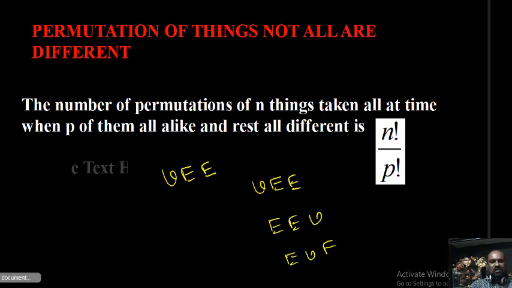That's all. Only 3. But how to establish this rule or result? That is the interesting thing. Do one thing. First of all, assume that we can create x permutations. Actually, in this problem x means 3, we are getting 3.